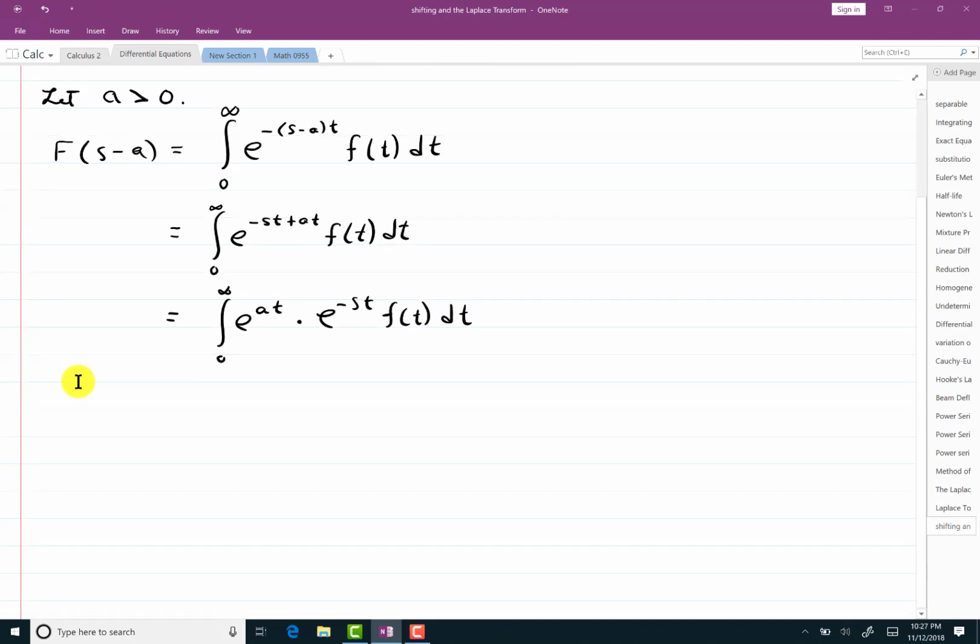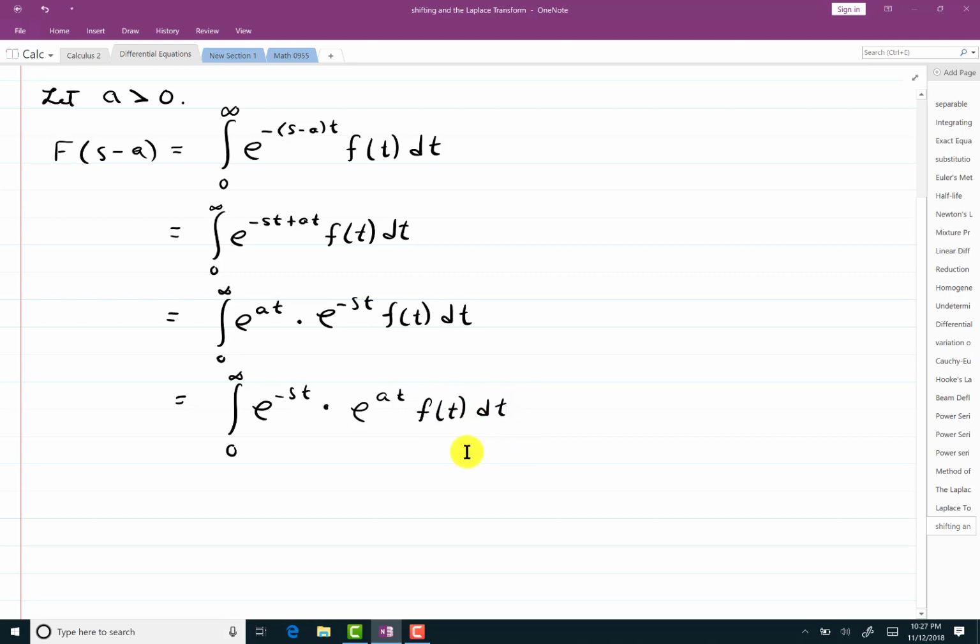So you notice this is close to what I want. Let me go ahead and rearrange these things. I think I have it backwards from what I actually wanted. 0 to infinity, I'll have e to the negative st, I'll put my dot there this time, so I have e to the at f of t dt.